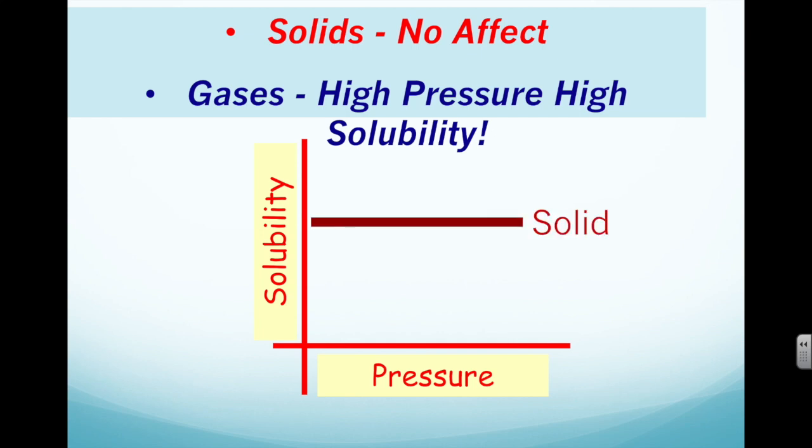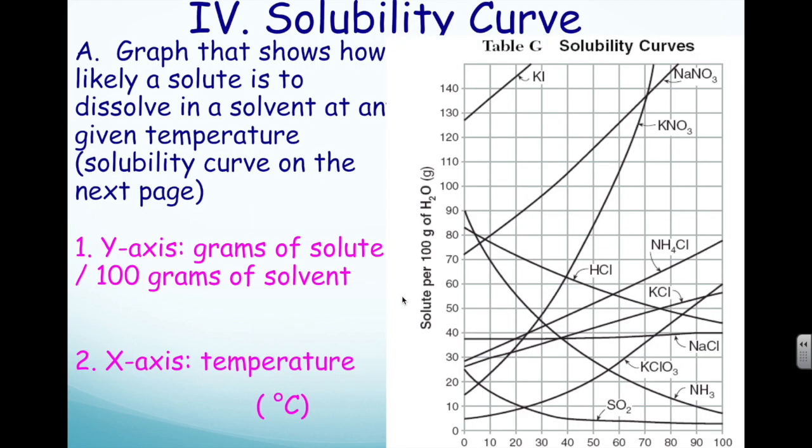And then pressure will have no effect on solids if pressure is plotted on the x-axis, but gases will have an increased solubility. Okay, now most of these that you'll get are going to have temperature on the x-axis, so really just worry about temperature. If you see a whole bunch of conflicting lines, it's important to pay attention to the arrows.